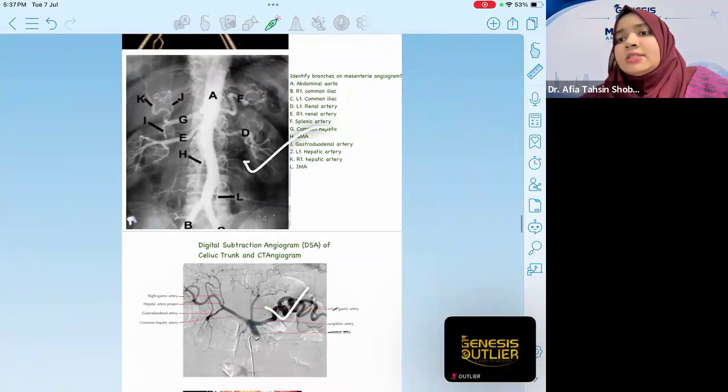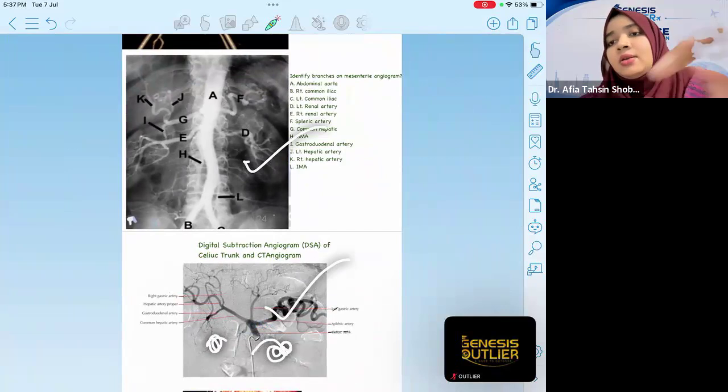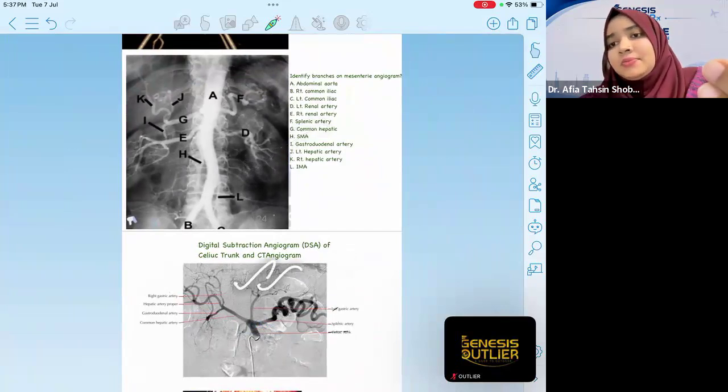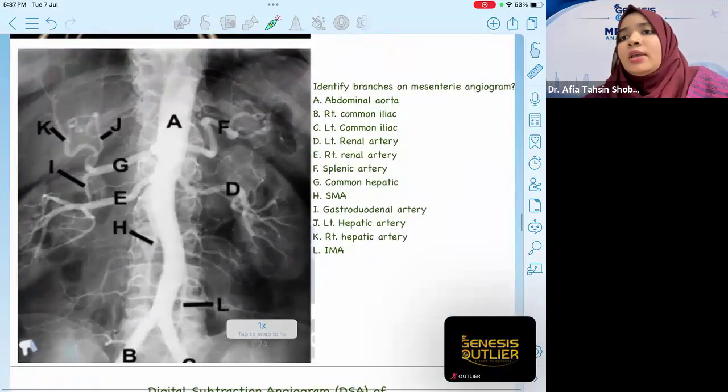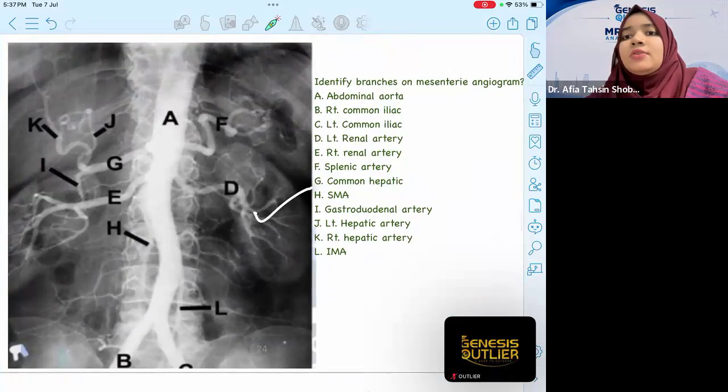Between these two images, see here, no bones, no other structures. That means no distraction here. I am seeing just the artery and its branches. But here you can see the organs, the vertebra, the ribs, other structures.